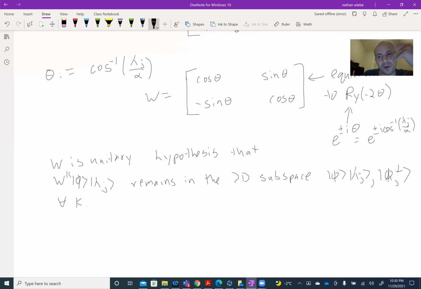We only need to be able to identify these two vectors that are in its support.